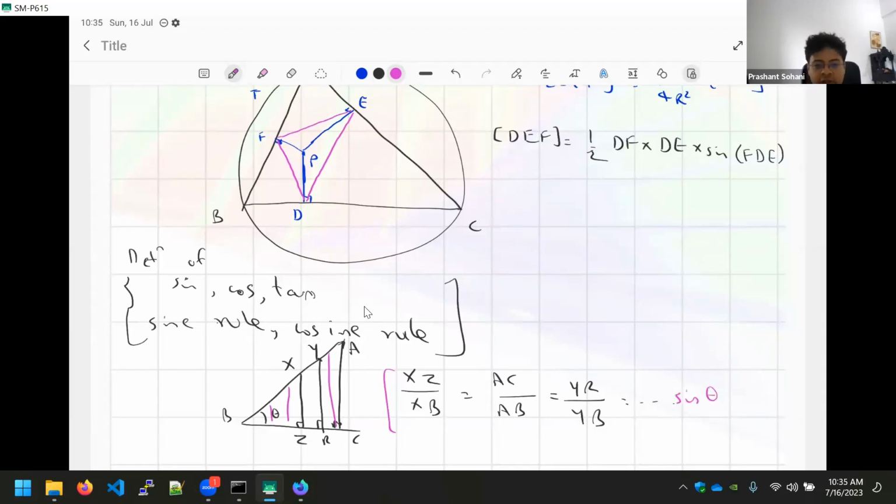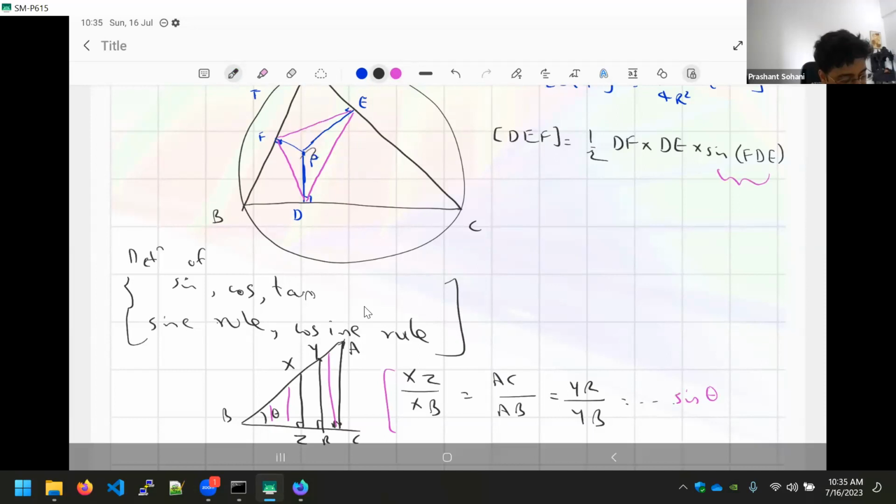So sine theta is the ratio of the opposite side upon the hypotenuse. So wherever you see an expression like, even here, what I'm writing as sine of angle FDE, you can think of that as a ratio. In this diagram also, if I really wanted to be biased, that I don't want to use trigonometry in my proof, I can draw a triangle in my diagram somewhere.